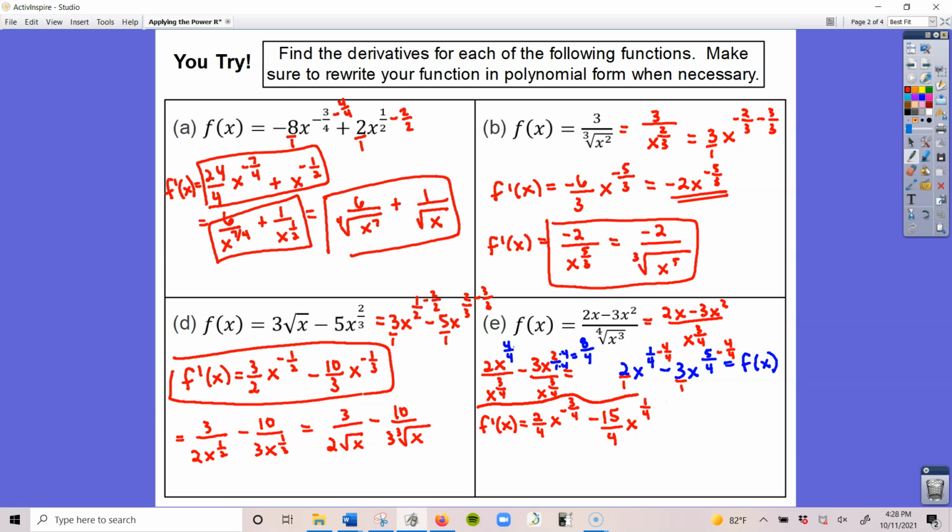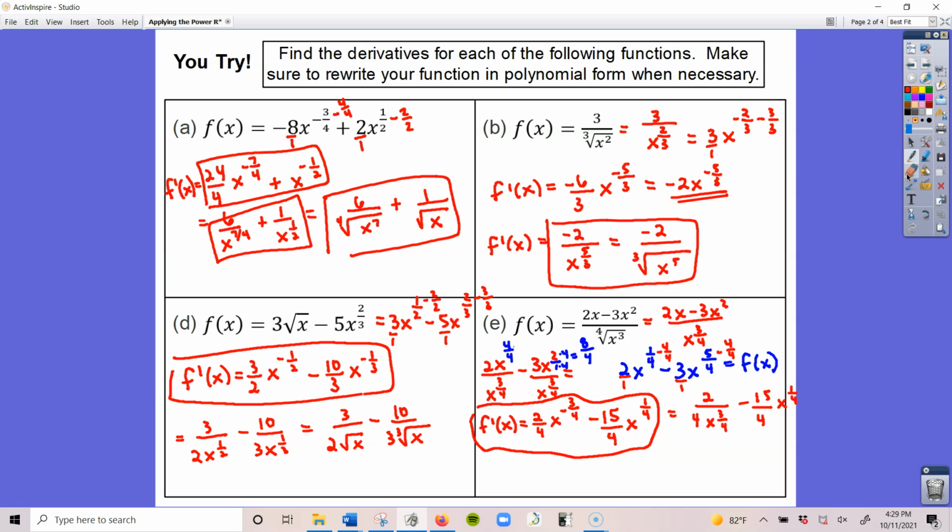But again, let's practice rewriting this using positive exponents. So this is going to equal 2 over 4x to the 3/4 minus 15 over 4x to the 1/4. Now, if I want to write this with roots, oh, also, the 2 over 4 can be simplified to 1/2.